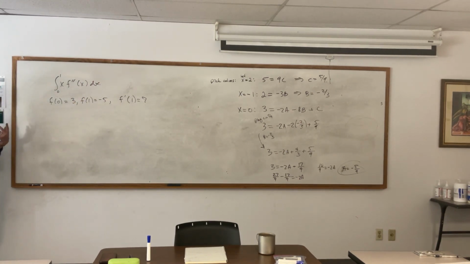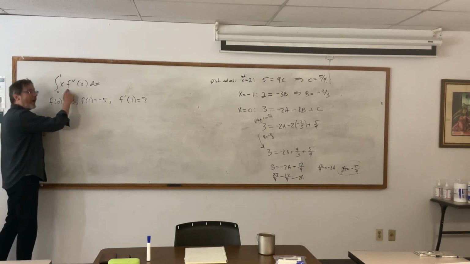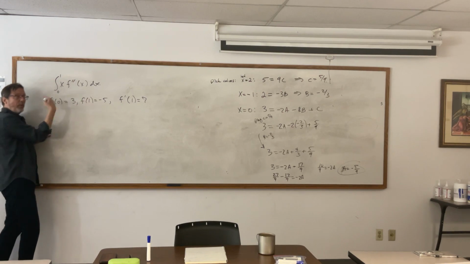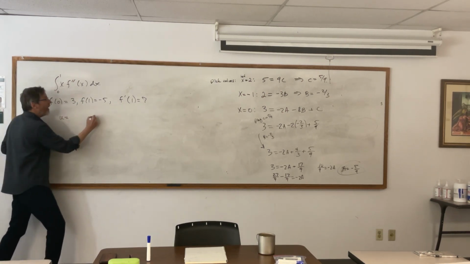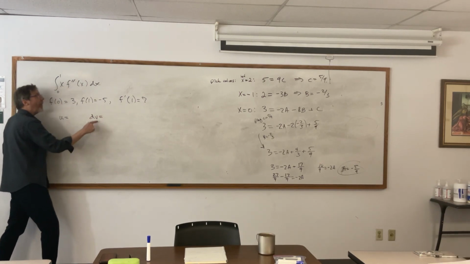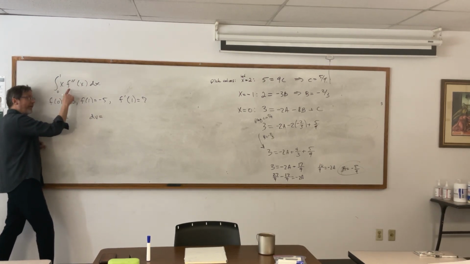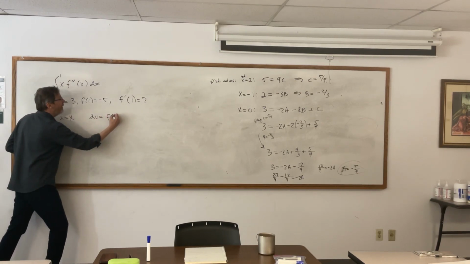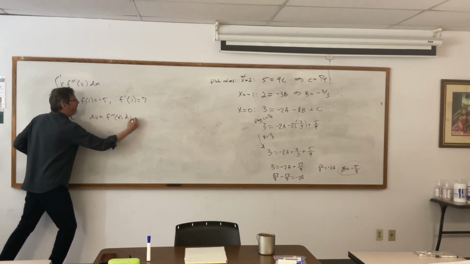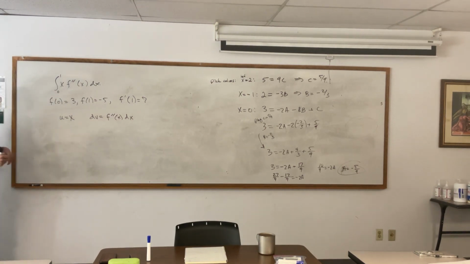So integration by parts allows me to integrate a part of the inside, right? So we usually pick a u part that we're going to differentiate, but we also pick a dv part that we're going to take the antiderivative of. So for this one, we're going to let u equal x, and dv is f double prime of x.